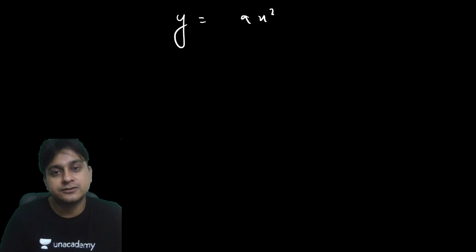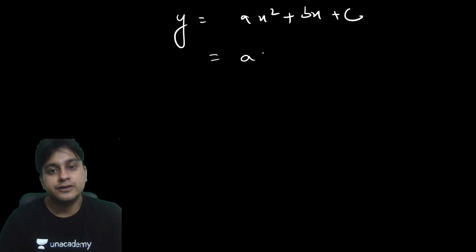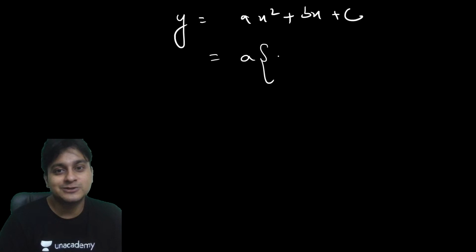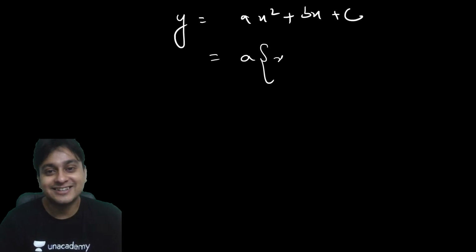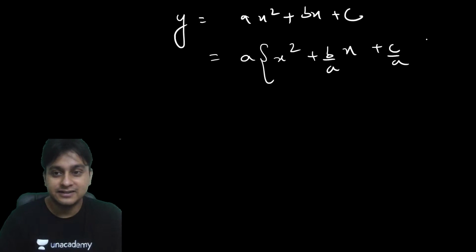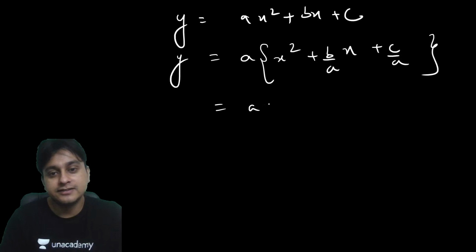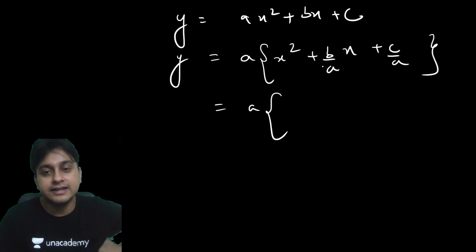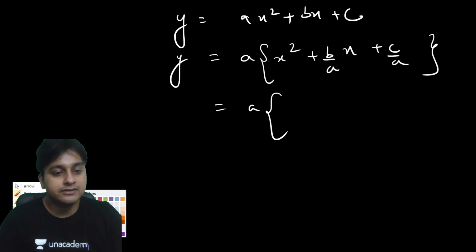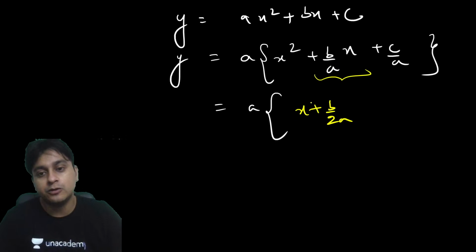See guys, let's suppose our quadratic equation is y equals ax square plus bx plus c. If you take the a common, I'm just trying to complete the whole square, as one student told me. This is b by a times x, the middle term, so this will be your 2ab kind of thing. Can I say this will be (x plus b by 2a) the whole square?